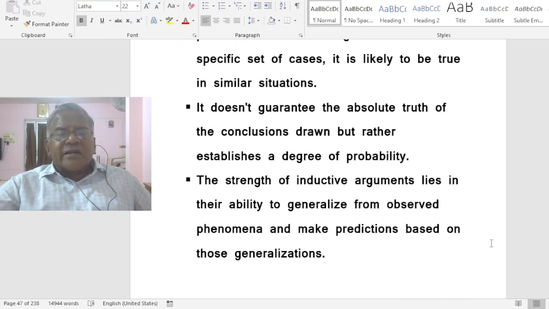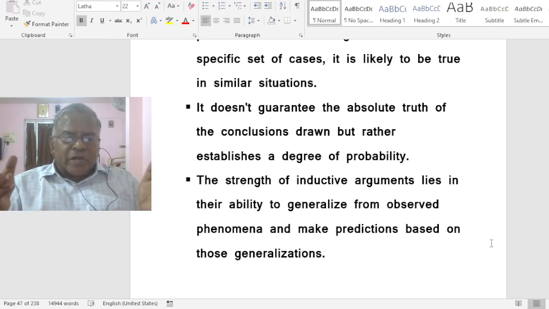It doesn't guarantee the absolute truth of the conclusions drawn, but rather establishes a degree of probability. In the case of the 2 rupee coin, we are not very sure all the coins in the bag will be 2 rupee coins. We don't know.